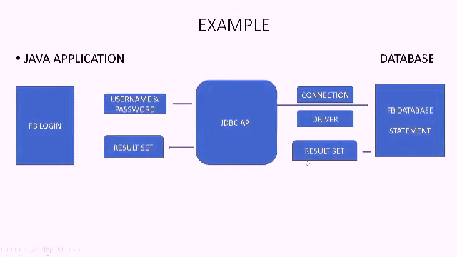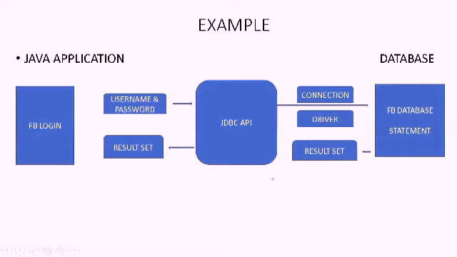When it matches or validates your credentials, it will check in the database whether the entered username and password is there in the database or not. That is how it does it with the help of the statement. Once it is done, it fetches the result, meaning if it is there, it has to send it back.